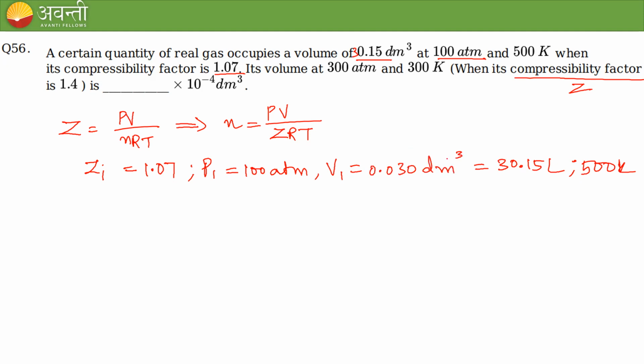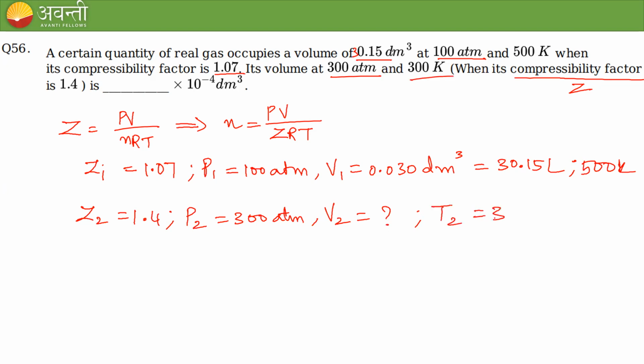Got it? Now coming to the second compressibility value, that is Z2 is 1.4, and at that compressibility factor the pressure is 300 atmospheric pressure, and the volume is what we have to find out, and temperature T2 is given as 300 Kelvin.